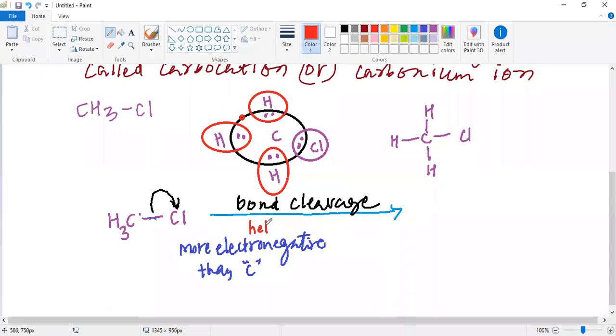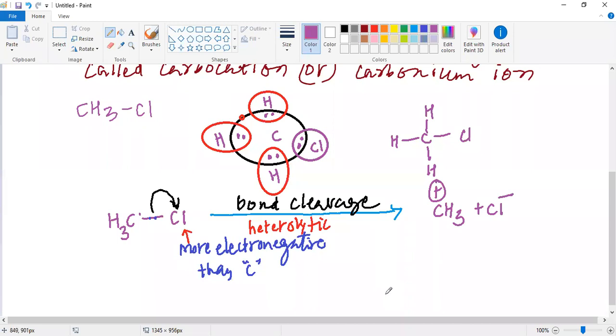It is heterolytic. Heterolytic bond cleavage. This Cl is more electronegative than carbon. And ultimately, my dear students, we get this CH3 plus and Cl minus.